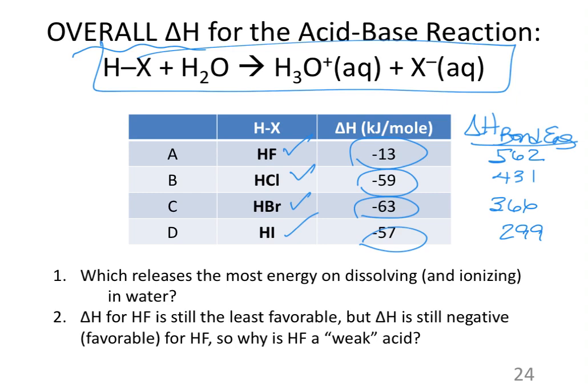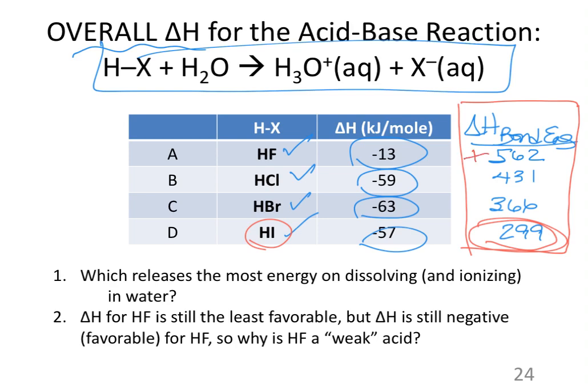Alrighty, so here are the enthalpy of breaking the bonds, and you can see that the bond energy for hydrogen iodide is a lot lower than all the rest of them. Notice also that all of these delta H are positive. So breaking a bond is always unfavorable, okay? But it's less unfavorable at this point for hydrogen iodide.